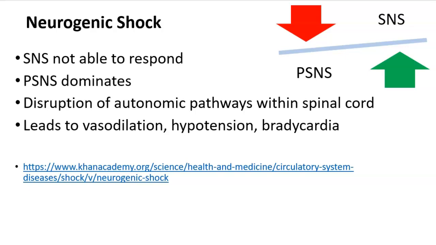So instead, the parasympathetic nervous system starts to be the one in charge, right? So the parasympathetic nervous system is in play, and the sympathetic nervous system is unable to exert its influence. And because of that, we end up with the hallmark signs of neurogenic shock. So we'll continue on to look at those.